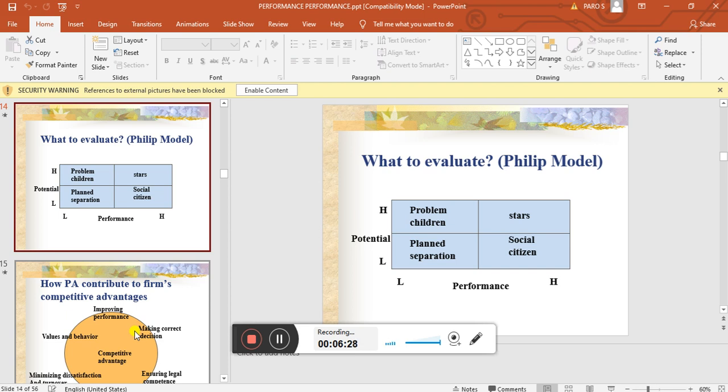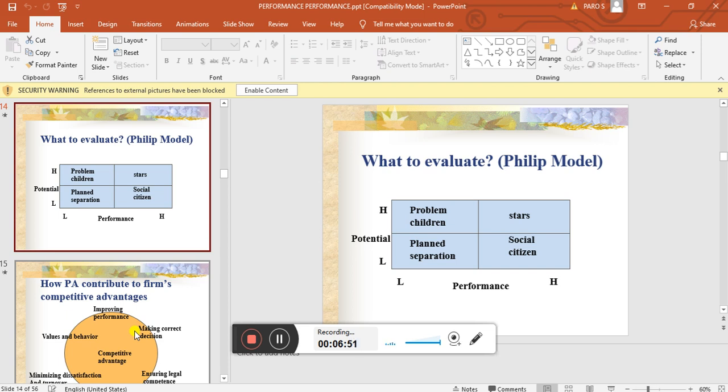If the potential is high but he is not performing up to the mark at present, we call it problem children. Then we have to counsel that employee. What are your pitfalls? How can you perform well? What are your lacunas? What are you not doing in your performance?